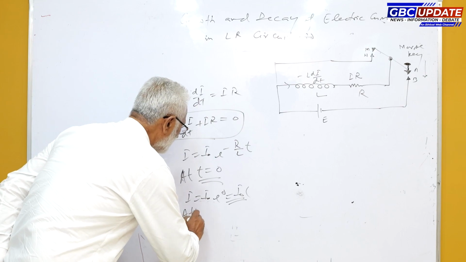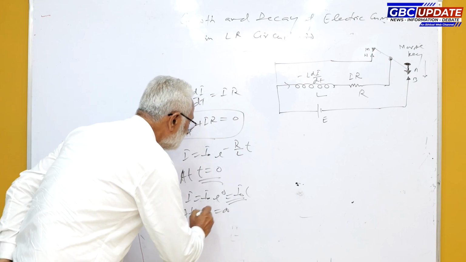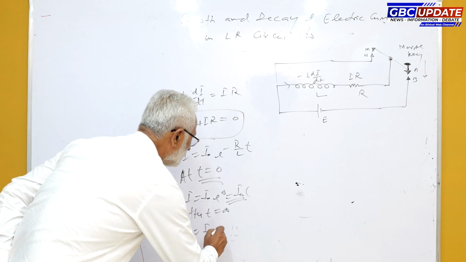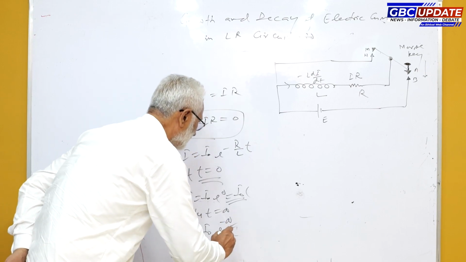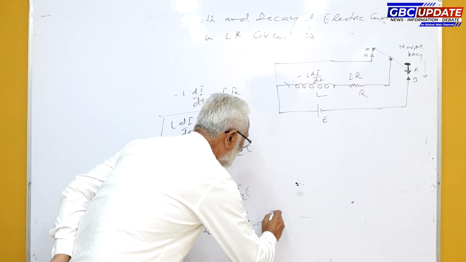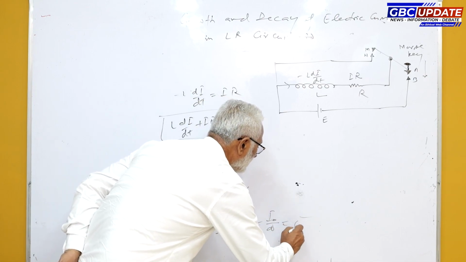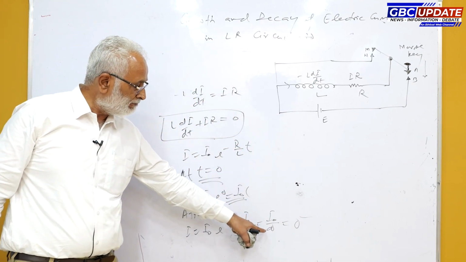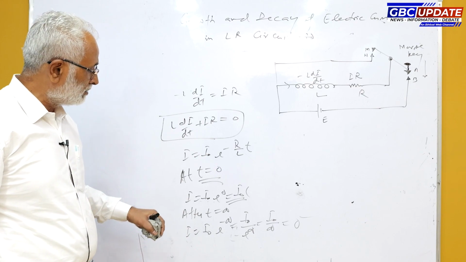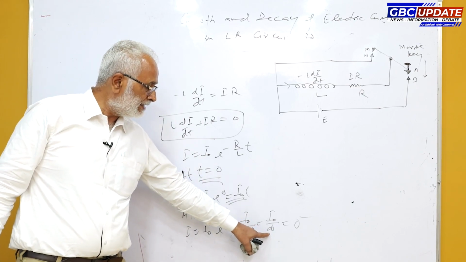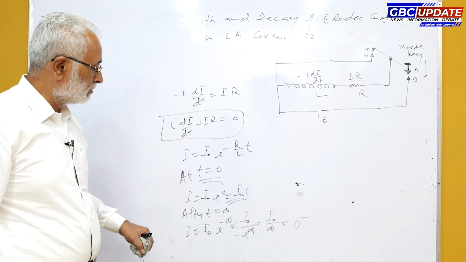And after time t is equal to infinity, current I becomes equal to I naught into e raised to the power minus infinity, or I naught over e raised to the power infinity, I naught over infinity is equal to 0. So current will take infinite time to become equal to 0.